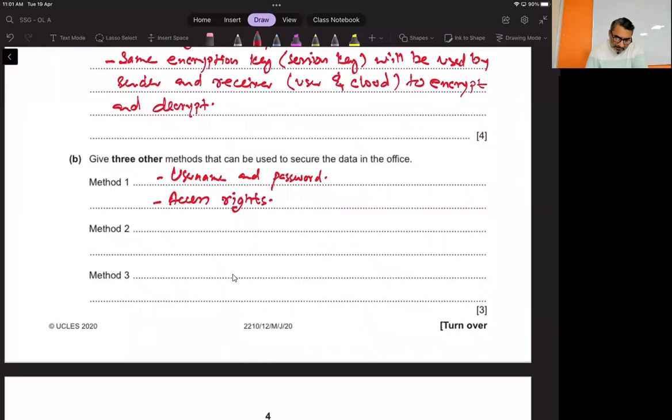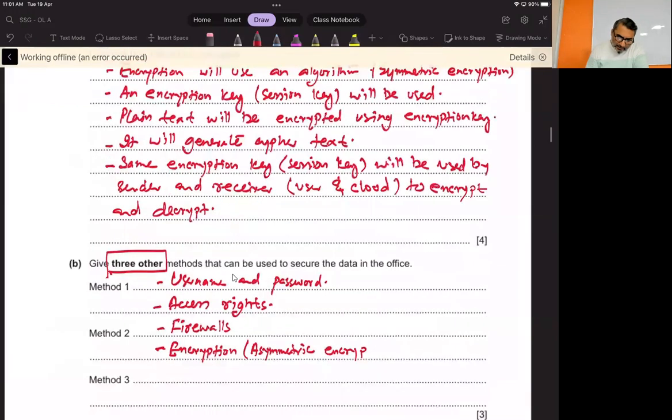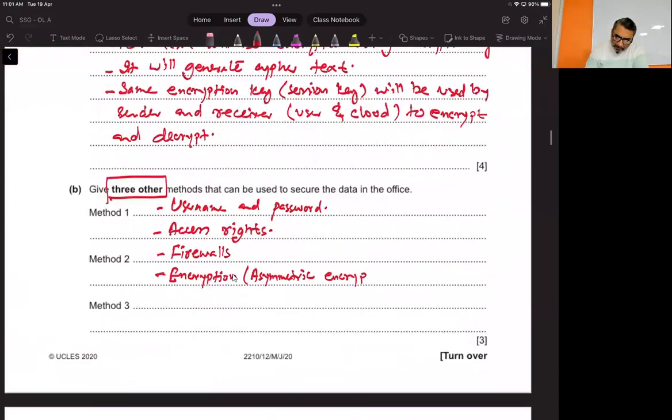So: access rights, firewalls, encryption, and especially asymmetric encryption, because they have said other. This is basically symmetric encryption, so in the other way, we have to write asymmetric encryption. Anti-hacking software is a firewall. Okay, and that's it.